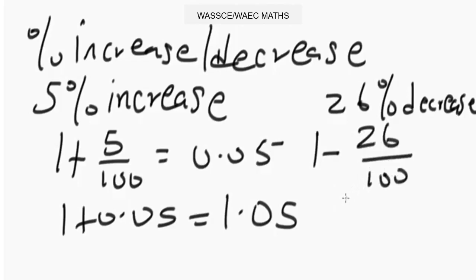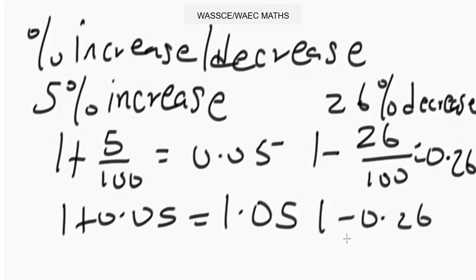When you do the math, 26/100 gives us 0.26. Now the next thing is to subtract it from 1. So 1 minus 0.26 will give us 0.74. That will be the multiplier for this question.